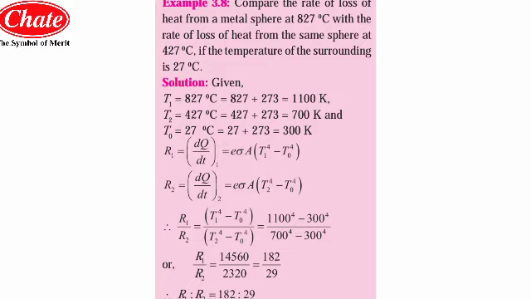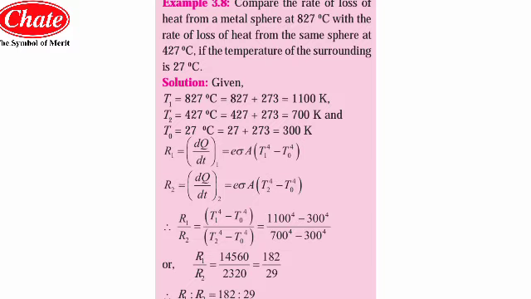Means two temperatures they have given and we have to compare the rate of loss of heat, and the temperature of the surrounding they have given is 27 degrees Celsius. So these are the things they have given in the problem.